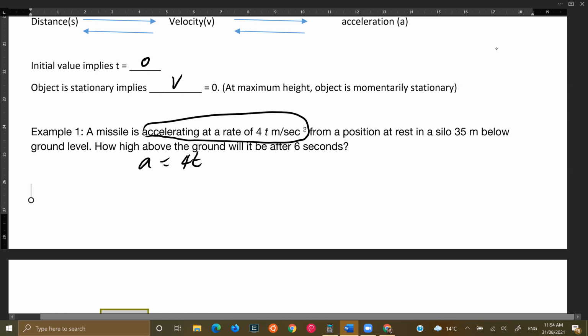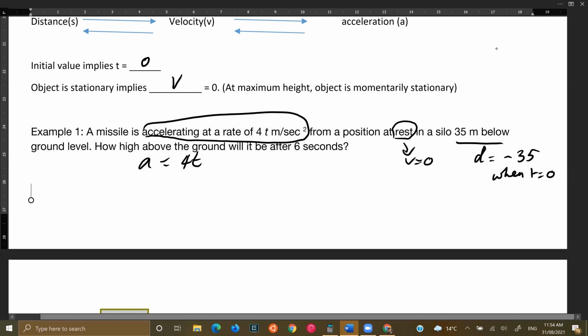Now from a position at rest, again velocity is 0. In a silo 35 meters below ground level, so distance when t equals 0 is 35 meters below. So what that means is d is negative 35 when t equals 0.